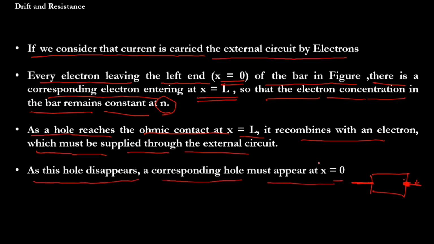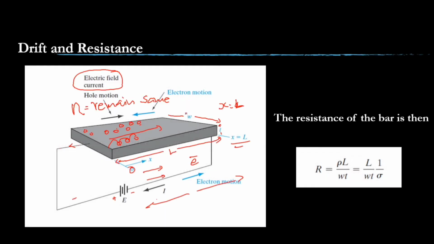So holes and electrons are moving inside. Now the picture is clearer to you about holes and electrons, right? Externally it is very easy to visualize the electron moving, but inside the semiconductor both holes and electrons are there, which move in opposite directions, and the charge is different. Electrons move opposite to the direction of the electric field, but the current, the electric field and the holes are in the same direction of motion.